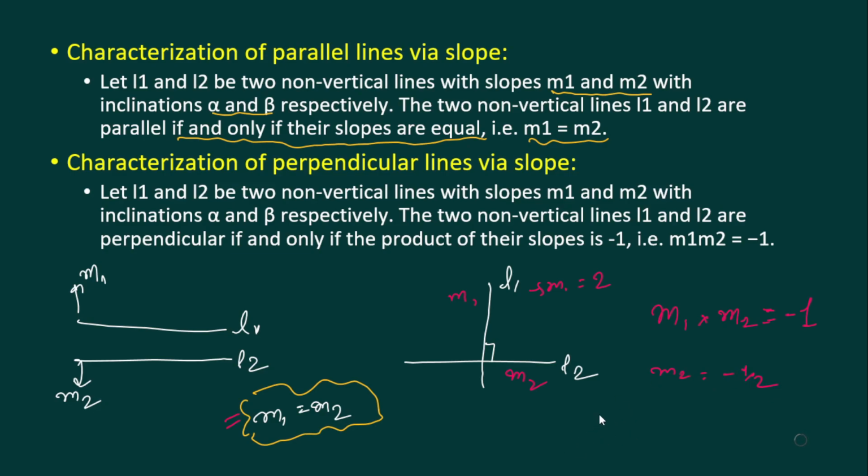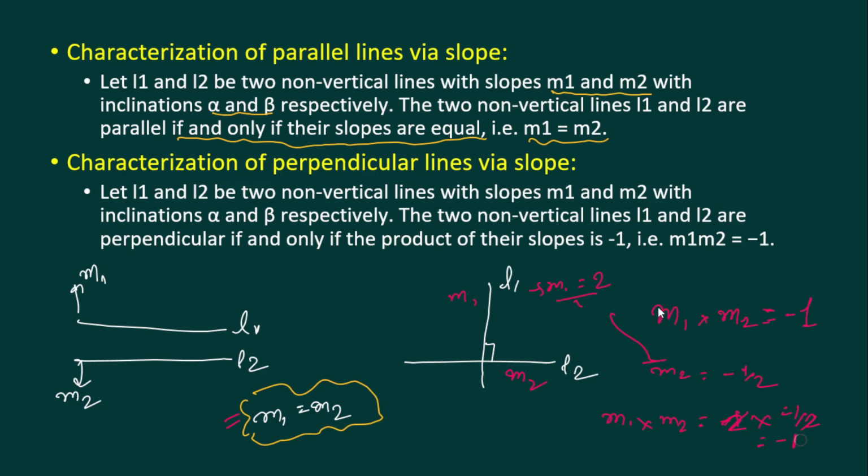Then m1 times m2 is 2 times minus 1 by 2, the 2s cancel out, and we get minus 1. So we can say that the lines which have these slopes are perpendicular to each other.